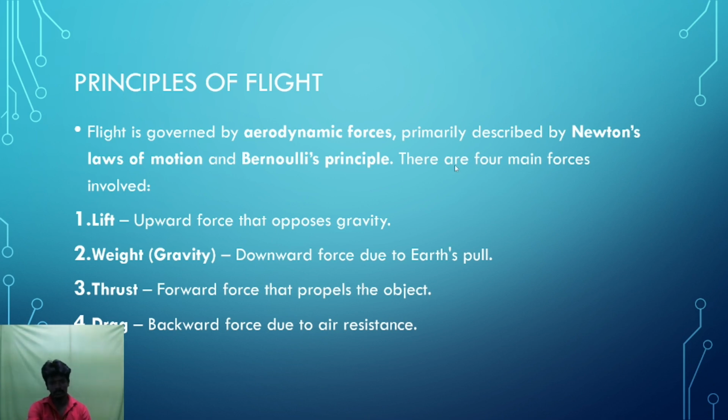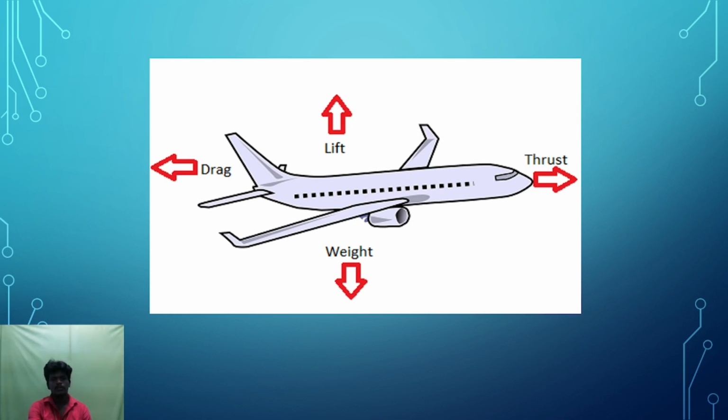We will see them later. This figure represents where lift is present, where drag is available, how the weight acts, and how thrust propels the aircraft forward. This is the schematic diagram for the aerodynamic forces.